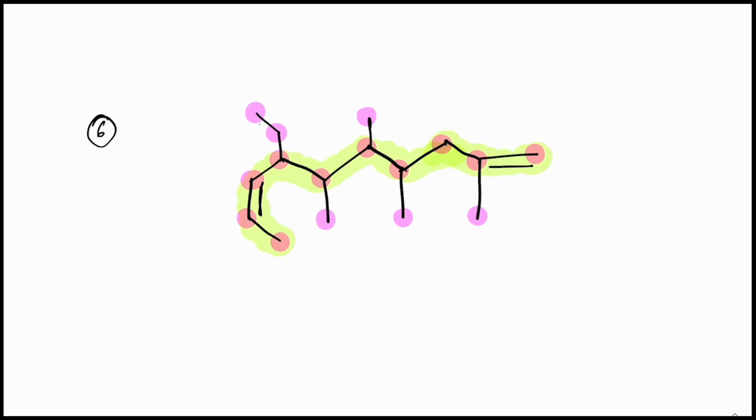So this is our parent chain. How many carbon atoms can you count in the parent chain? If you number from this side, it is 1, 2, 3, 4, 5, 6, 7, 8, 9 and 10. So there are 10 carbon atoms here.